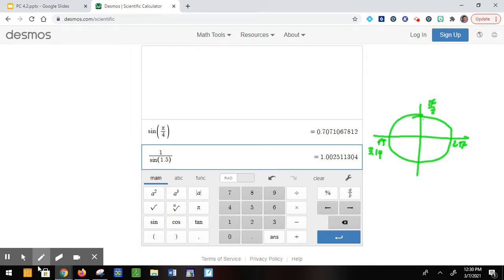It's going to be like 1.55 or something, right? Remember, sine is your y value. So that's right about where 1 is. So it makes sense that it's just about 1. Okay.